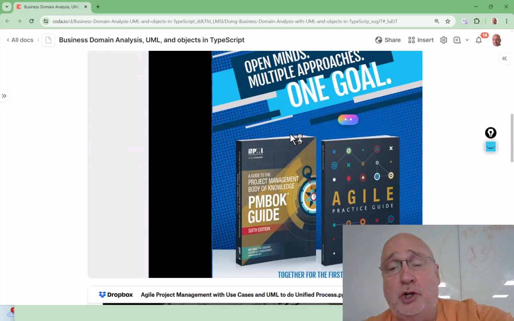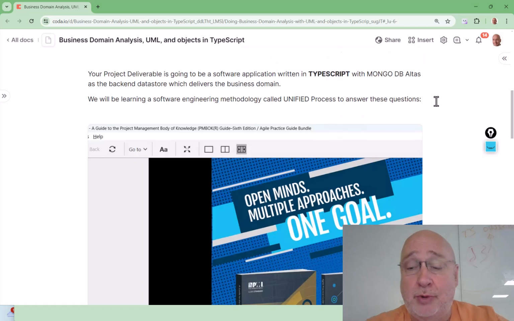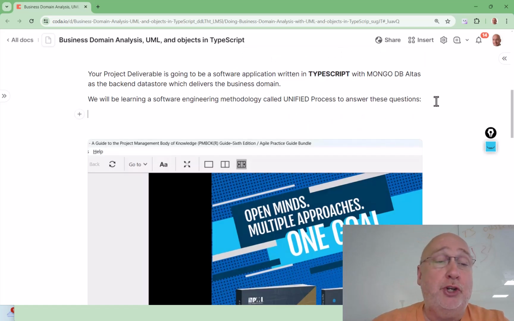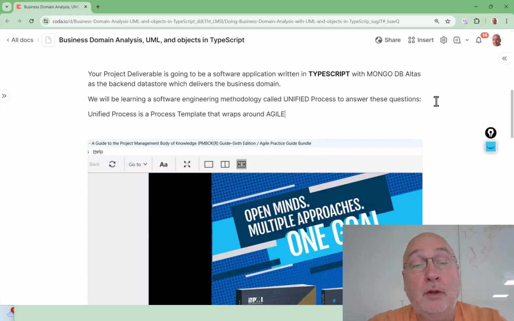All right, we talked about how unified process is a wrapper around agile software development methodology. And unified process does all the rest of the stuff that Agile doesn't do by itself.